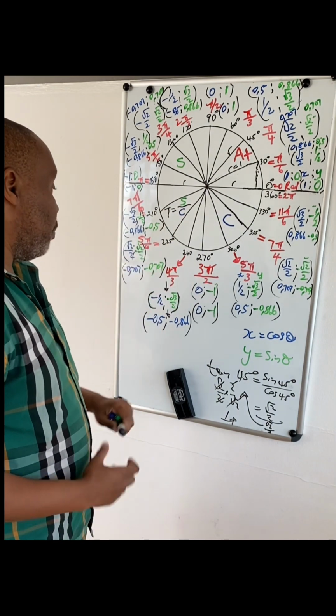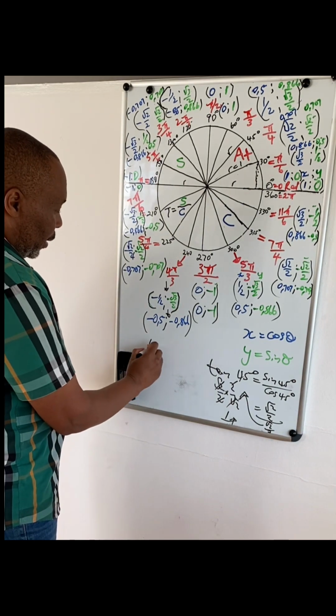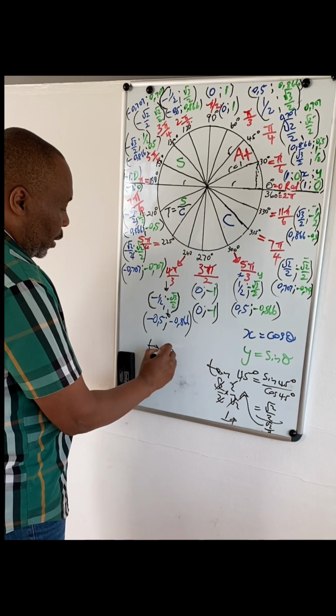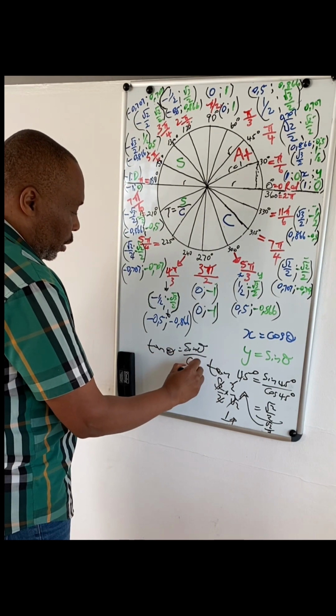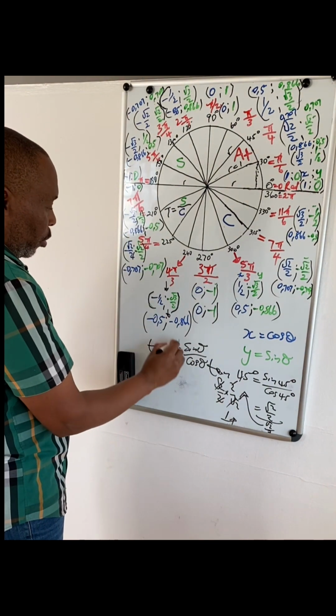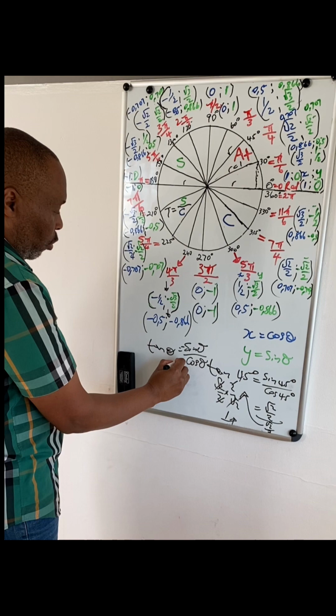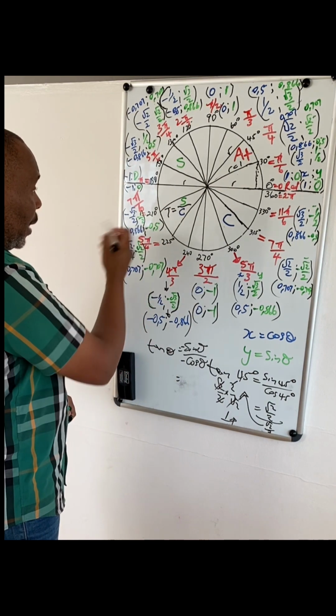And then tangent is made of sine theta over cos theta. Therefore, tangent in the third quadrant will be positive, because sine will be negative and cos will be negative. Let's take, for instance, tan 210.